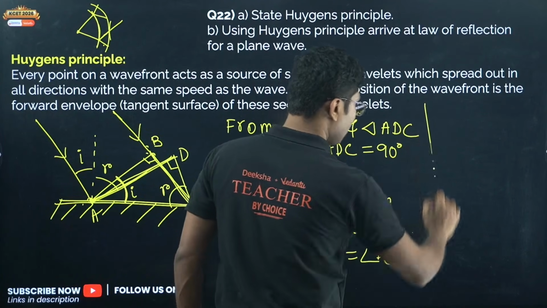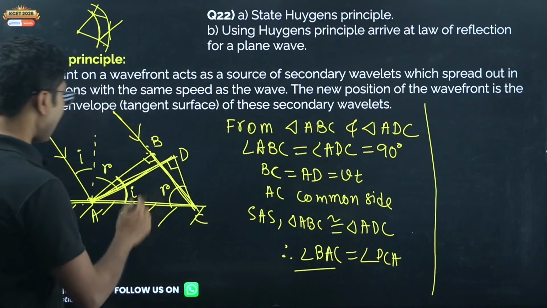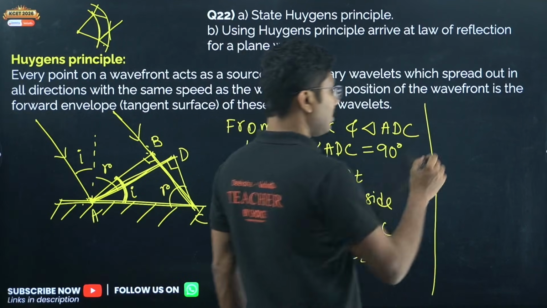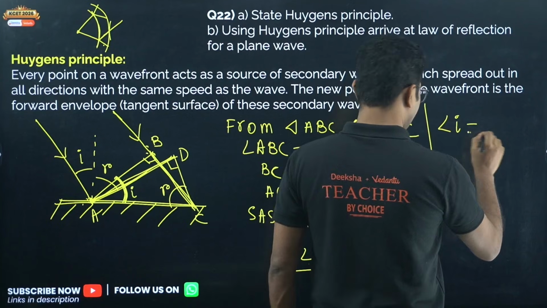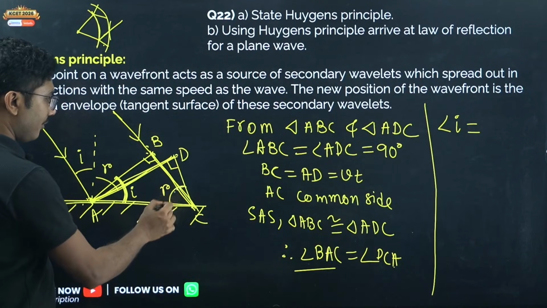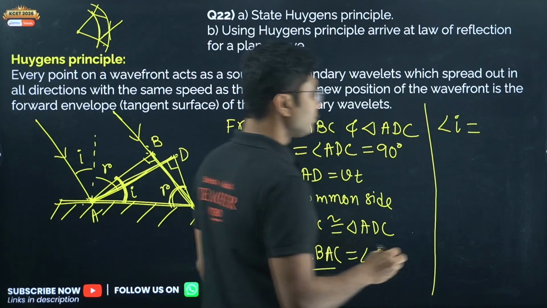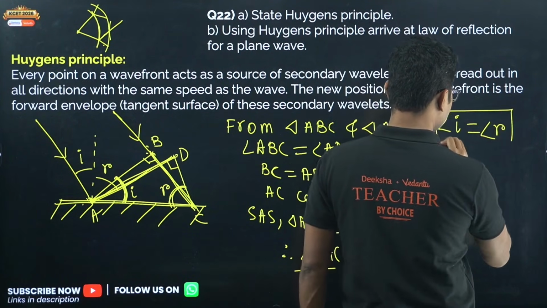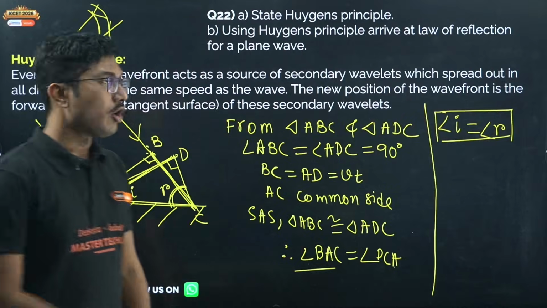What is BAC? Angle BAC is the angle of incidence i, and angle DCA is the angle of reflection. So the angle of incidence must equal the angle of reflection. So this is a simple derivation. This derivation is the simplest of the two.